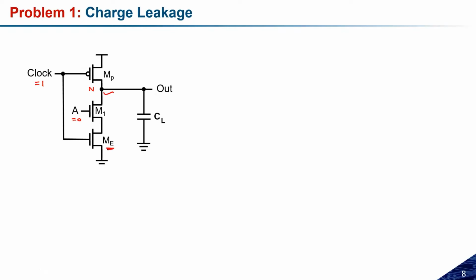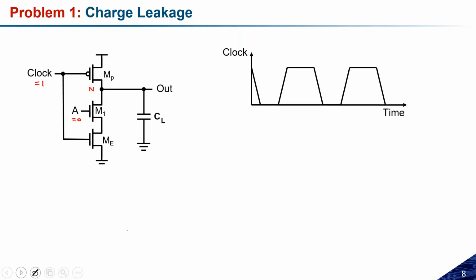Because ME is on, this node will be virtually grounded, and this node N is charged, so its potential is high. So in between node N and this node, we will be having a reverse bias diode kind of configuration.